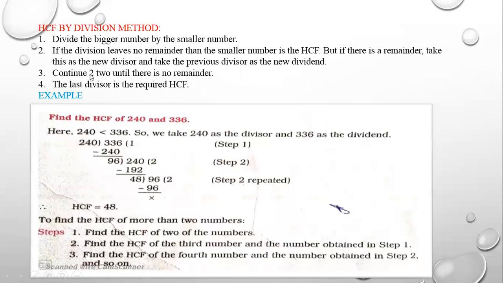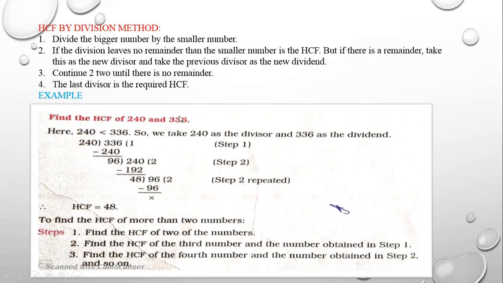The third step is you continue the second step until there is no remainder. And the last divisor is the required HCF. So let us see this with an example more clearly. Here the numbers are 240 and 336. We need to find the HCF of these two numbers by the division method.